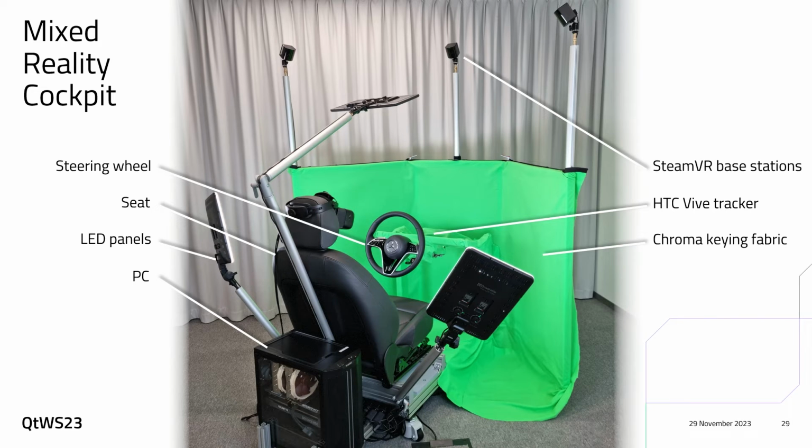Obviously, the widespread green color facilitates the chroma keying technique, which I'll come back to in a moment. All of these elements are integrated using aluminum frame profiles. Last but not least, at the core of our setup lies the Varjo XR-3 mixed reality headset that drives this immersive experience.